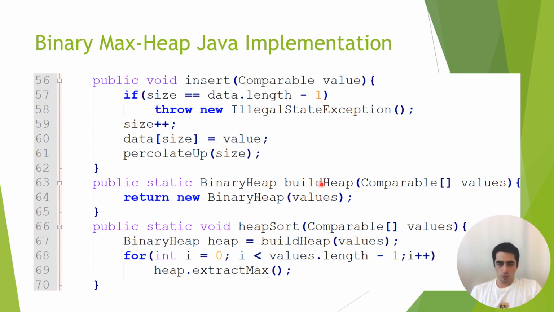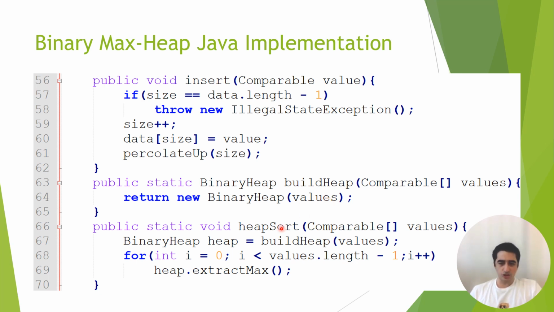So if you want to build a heap using a sequence of elements stored in an array of comparables, all you need to do is call the constructor of binary heap on that array, and it's going to do it for you. I remember I showed you how it is. I'm going to explain that more next.